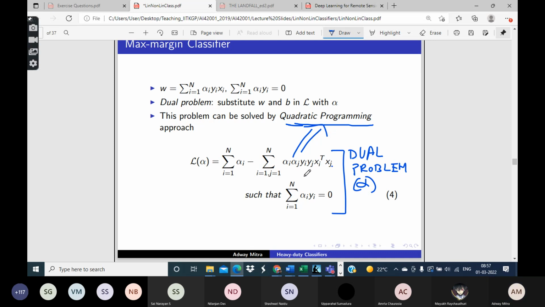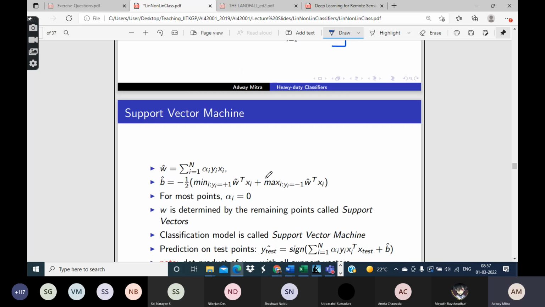And then we do not really have to solve it separately. There are solvers for solving this quadratic programming. So when we solve this kind of quadratic programming, I will be able to get the values of alphas. The alphas will be coming out directly.